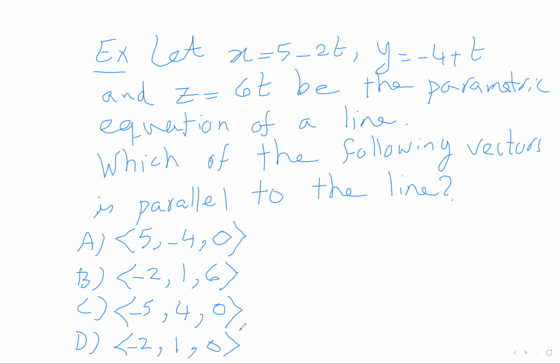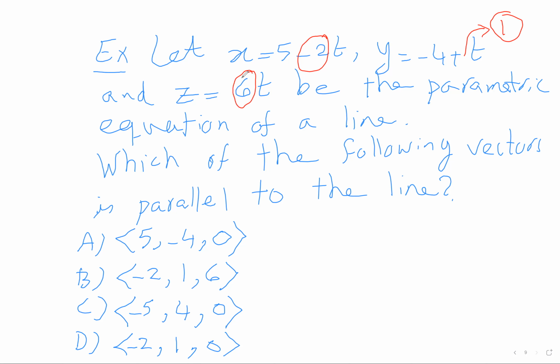So I look at the coefficients of t in the 3 equations that give x, and y, and z in terms of t. In the first equation, that coefficient is minus 2. In the second equation, it is 1. In the third one it is 6.